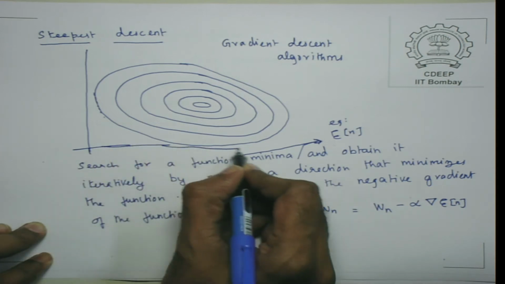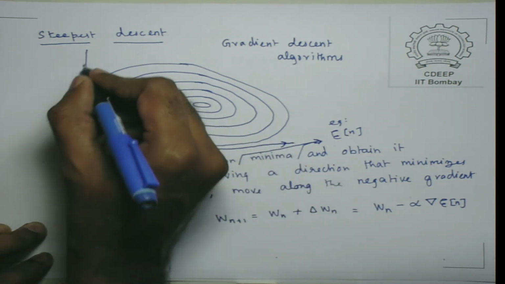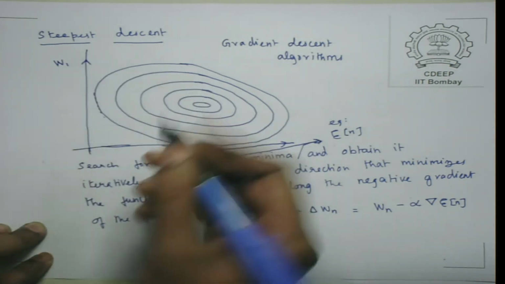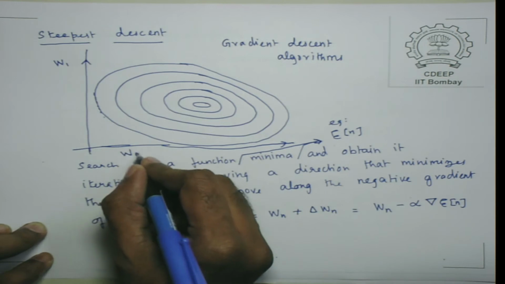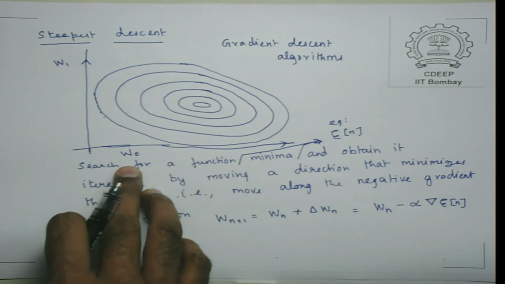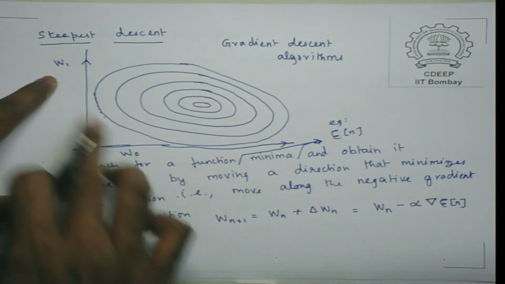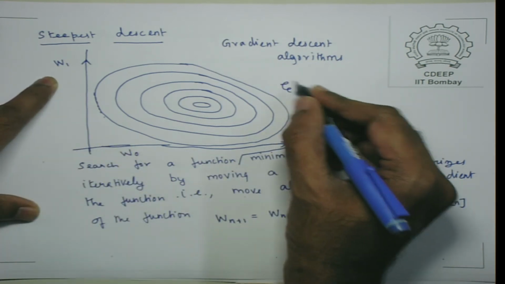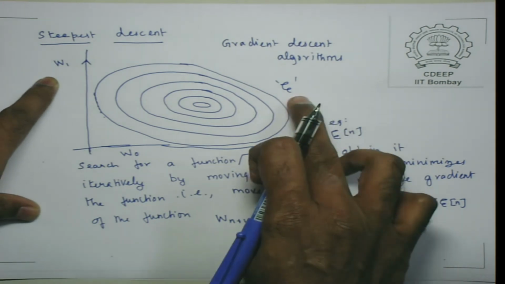In this case, it is a function of two variables. Just to be consistent, let's say these are two weights, W0 and W1, and we plot this zeta. This is the function we are interested in.